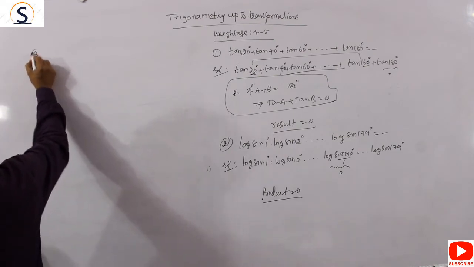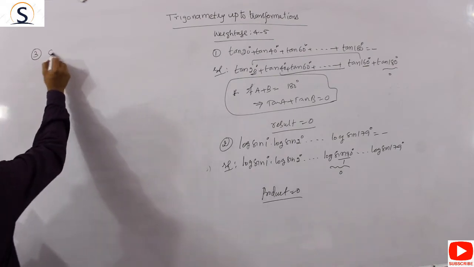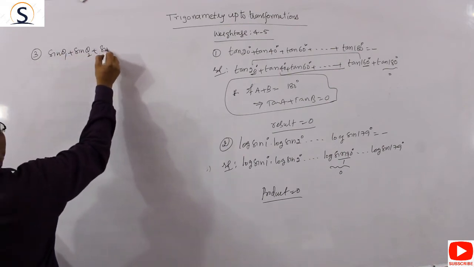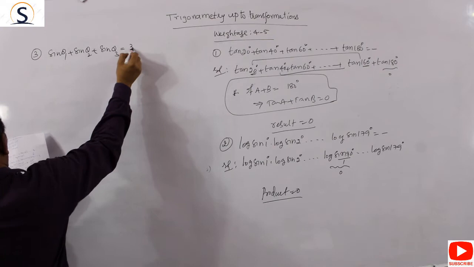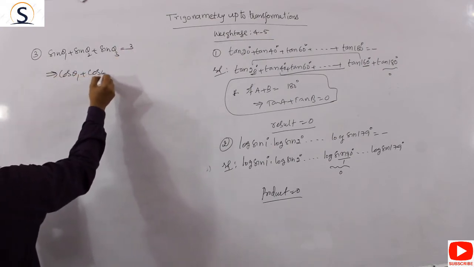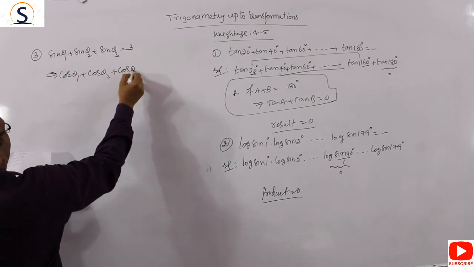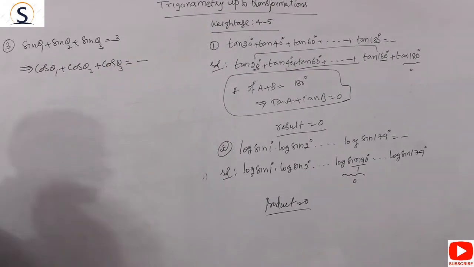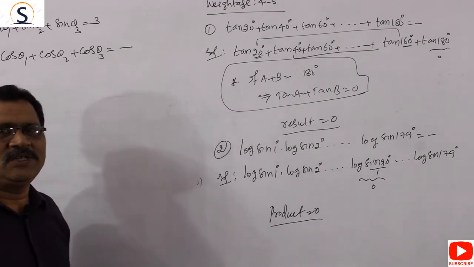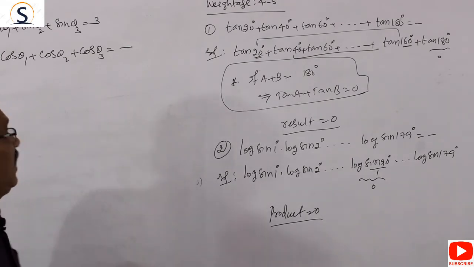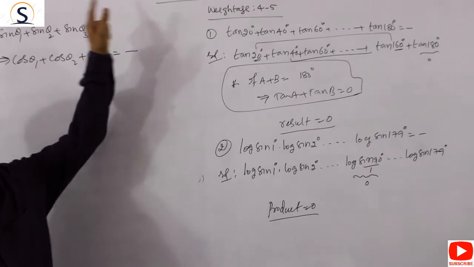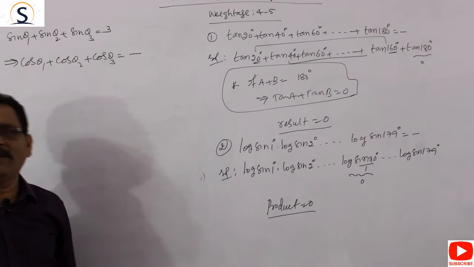The third problem is sin theta 1 plus sin theta 2 plus sin theta 3 is equal to 3 implies cos theta 1 plus cos theta 2 plus cos theta 3 value is dash. You know, sin theta maximum value is 1, minimum value is minus 1, and the sum of all the 3 sine terms is equal to 3 means each is equal to 1.